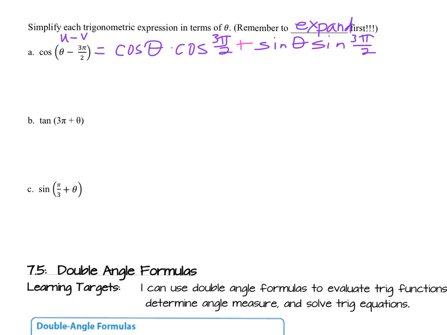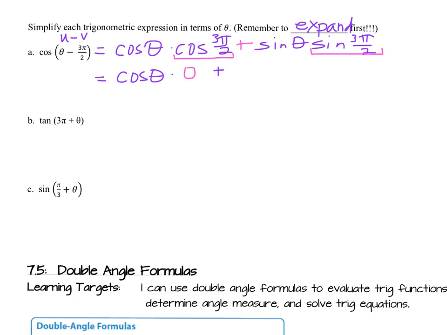Now, the first two terms in each pair have theta in them, which we're going to leave as is. But in the second term, we can evaluate looking at the unit circle. 3 pi over 2 is all the way at the bottom. So if we take cosine theta times cosine at 3 pi over 2, cosine at 3 pi over 2 is 0.